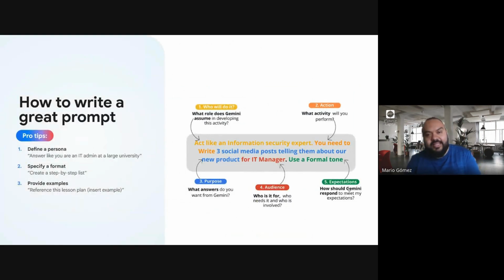Now, talking a little bit about artificial intelligence will get us to the main point here, which is prompting. I don't know if you have heard about this too much already, but believe it or not, we would like to reinforce this because we are 100% sure that prompting is the key aspect so you can take advantage of artificial intelligence. And believe it or not, this has been a huge challenge for users.